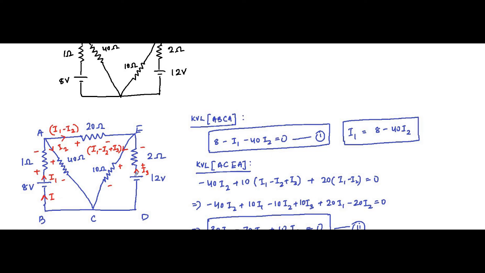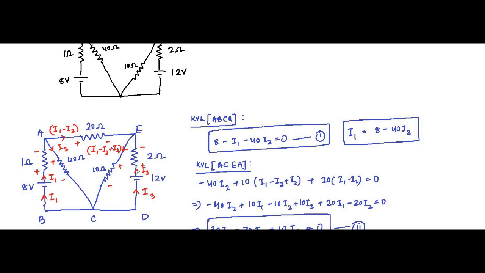So I1 will flow away from the positive terminal of the 8 volt source into its negative terminal. I3 will flow away from the 12 volt source similarly. And for resistors, because they are absorbing power, current flows into the positive and away from the negative terminal, where power is absorbed. That is very important, so you always have to assign it that way.